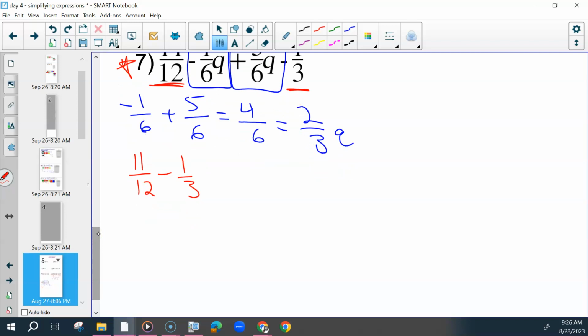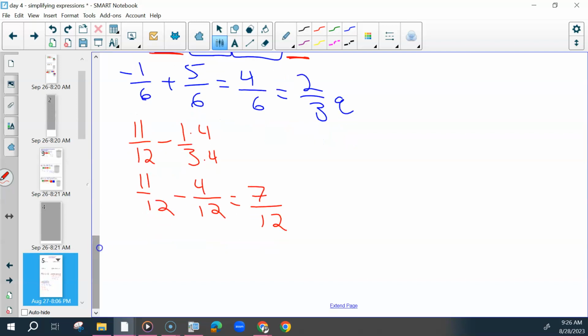These do not have the same denominator, so we have to change the 3 to 12 by multiplying it by something. And what we do to one piece, we have to do to the other part of the fraction. So 11/12 stays the same, but this becomes 4/12. Now they have the same denominator, so subtract across just the numerator, the denominator stays the same. What would that fraction be? 7/12. So our final answer is 2/3 cubed plus 7/12.